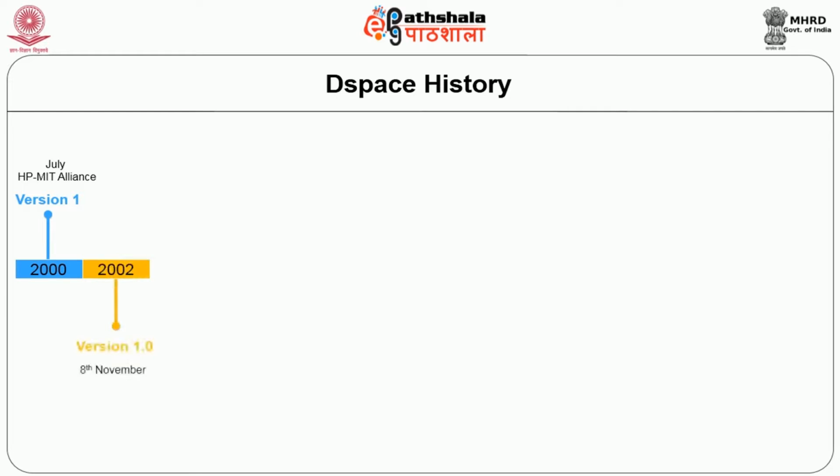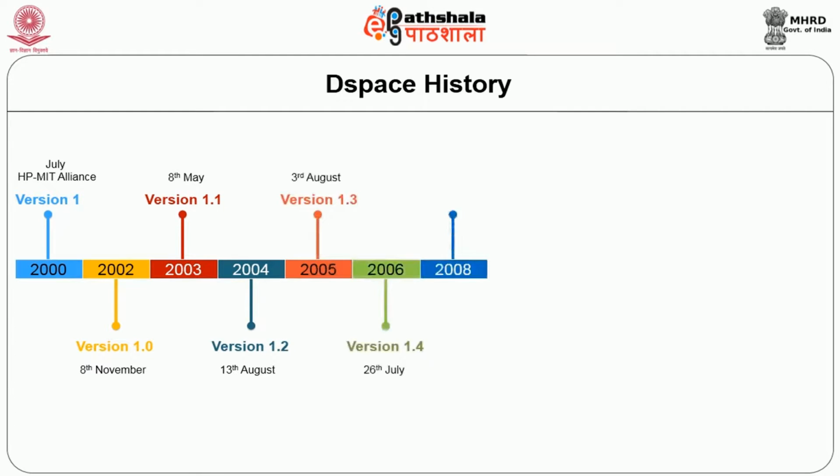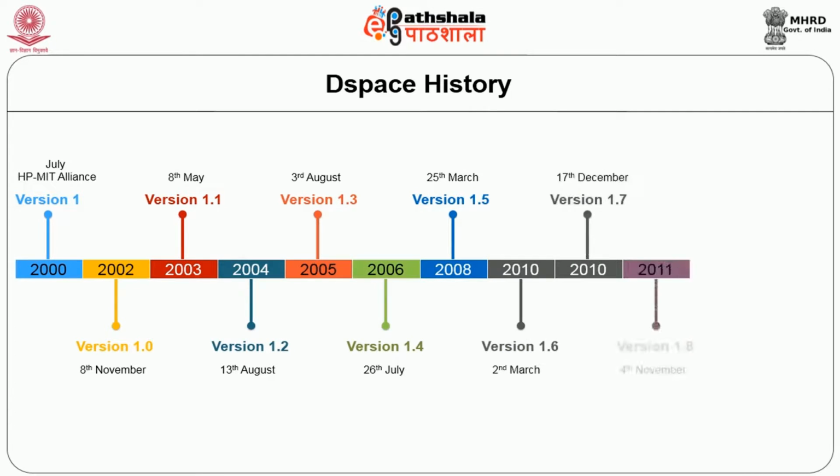Then the first version was released in 2002, and respectively every year 2003, 4, 5, 6, 7, 8, 9, 10 up to 11, you can see versions 1.0 to 1.8. If you look at the development, almost 10 years, version 1, that is 1.0 to 1.8, was there.